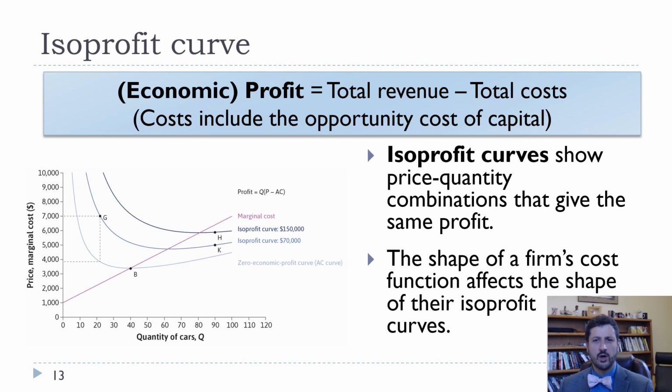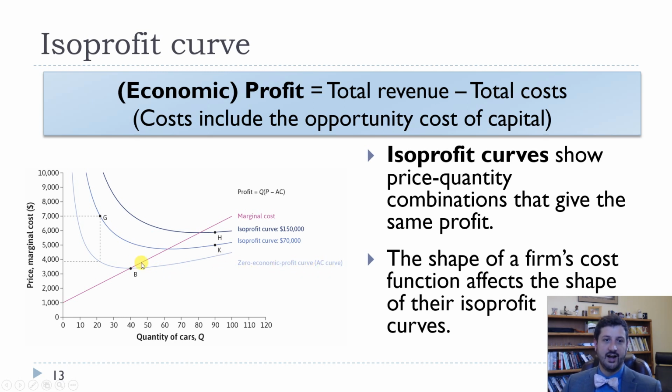And so one way that we can think about profit is by drawing these isoprofit curves. And so isoprofit curves give you the combination of quantity and price that give you the same profit. Remember, iso means same. And so, if we look at this bottom curve that goes through point B, that gives us our zero economic profit curve, right?